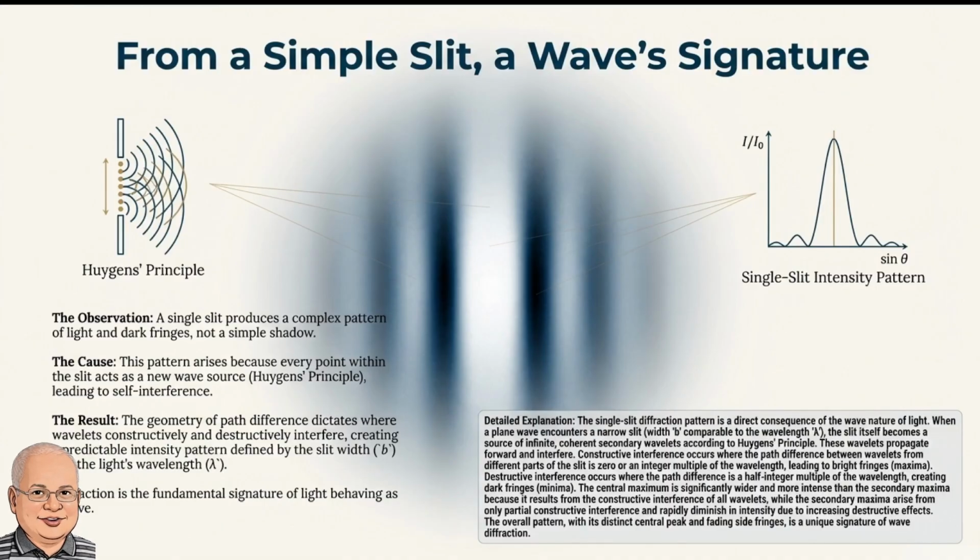The geometry of path difference dictates where wavelets constructively and destructively interfere. This creates a predictable intensity pattern defined by the slit width b and the light's wavelength lambda. Diffraction is the fundamental signature of light behaving as a wave.